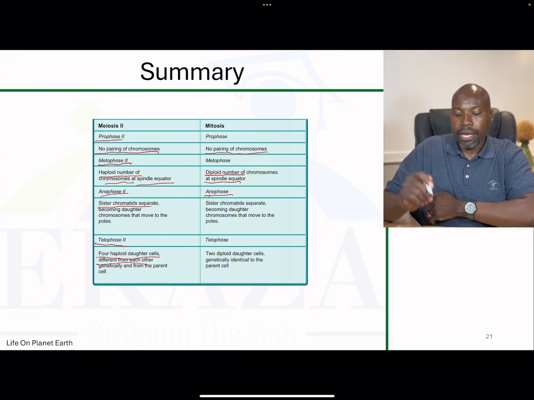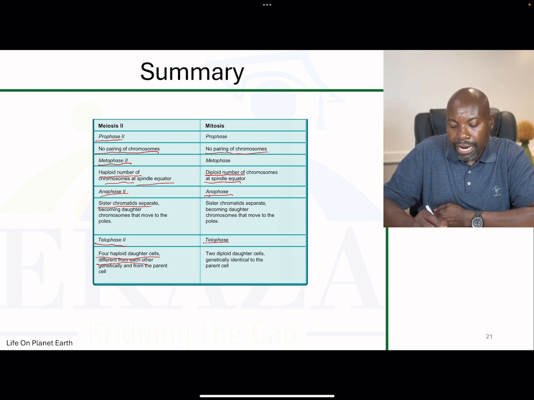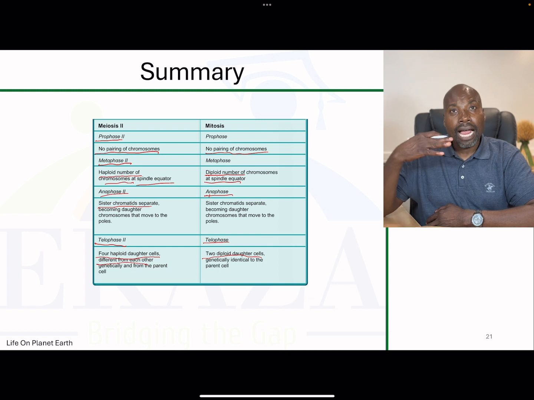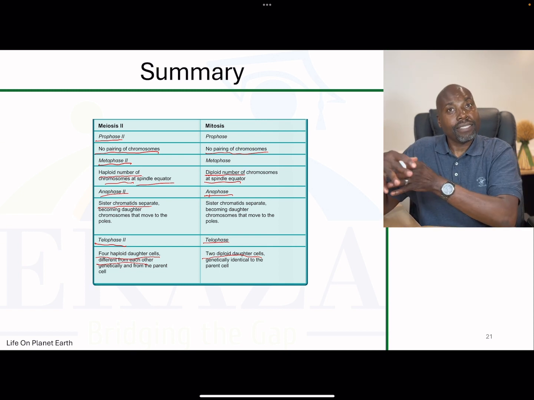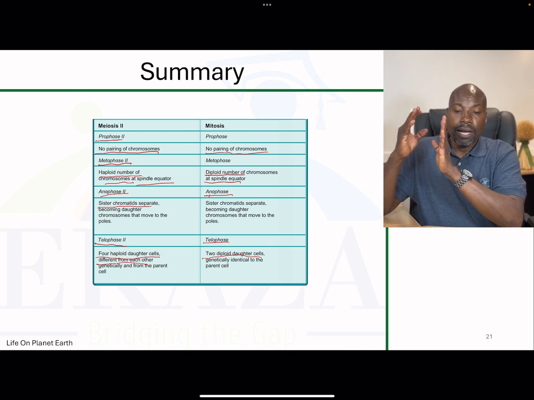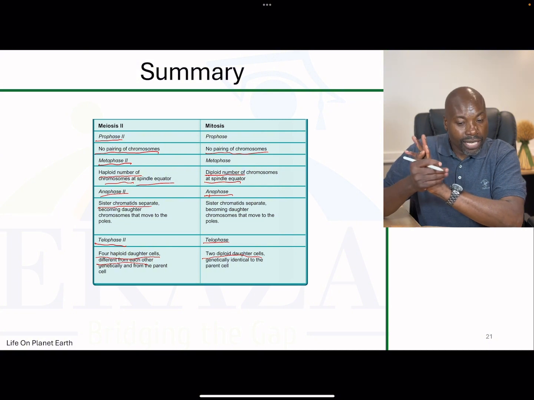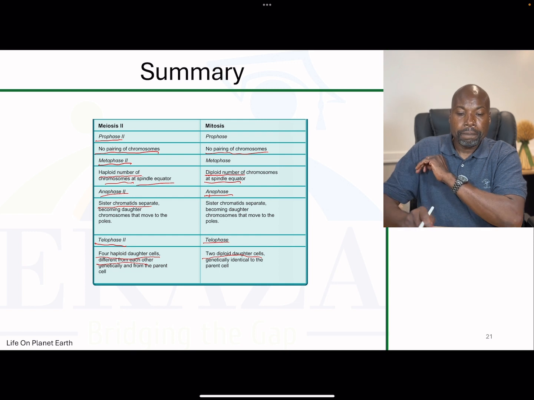While in telophase of mitosis, we have two diploid cells that are identical to the parent cell and also identical among themselves.